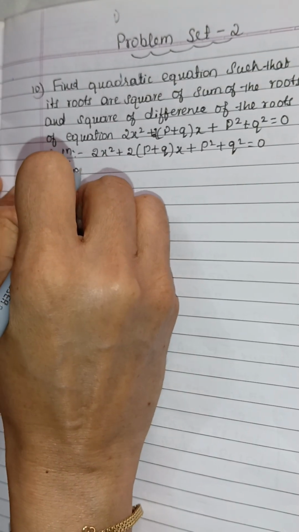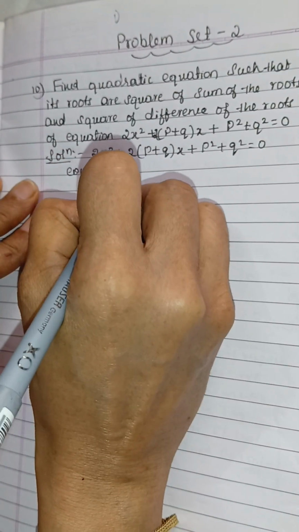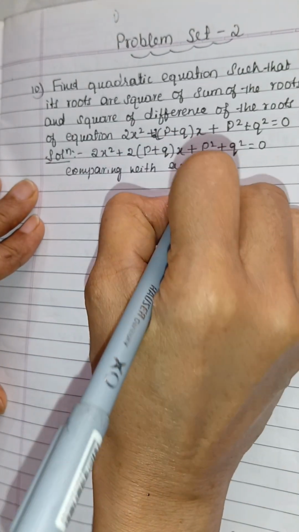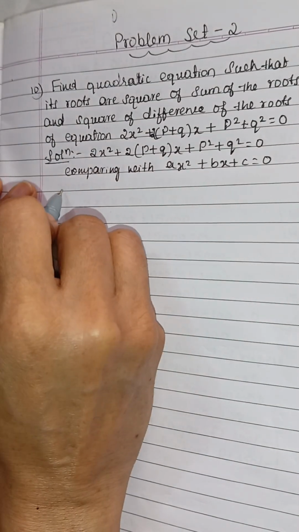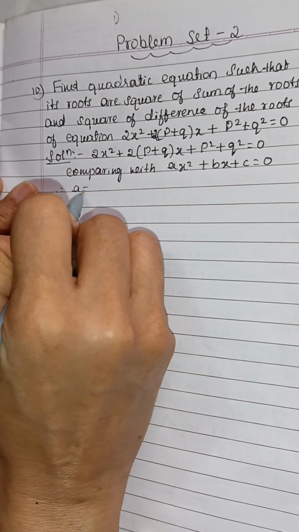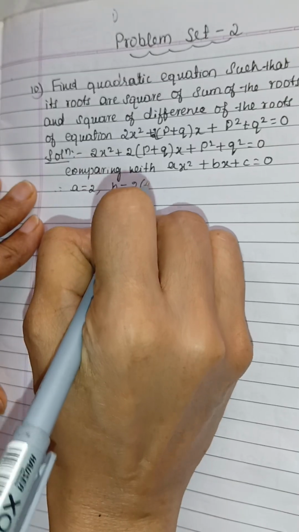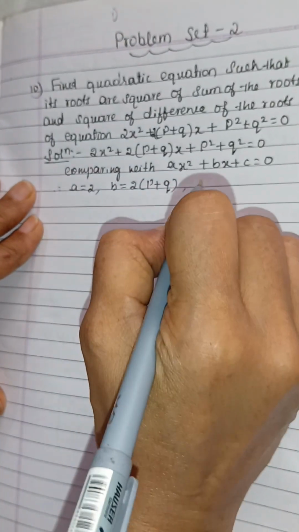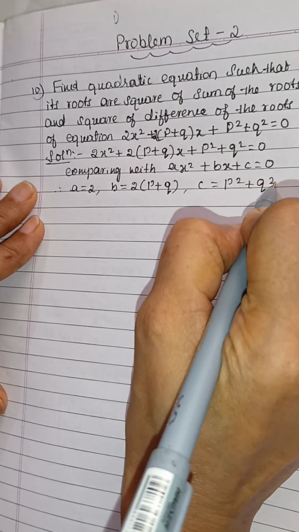Comparing with ax square plus bx plus c equal to 0. Therefore, a is 2, b is 2 into (p plus q) and c is p square plus q square.